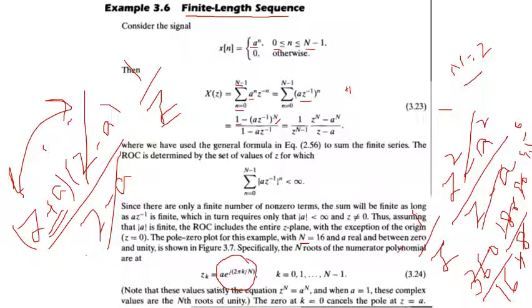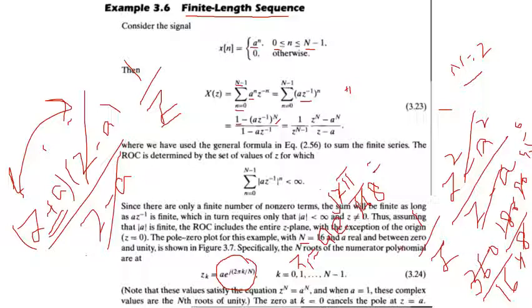For example, when k is equal to 0, the first zero will be on the real axis, because if you put k equal to 0, e raised to the power 0 is 1. For k equal to 1, the zero will be at a e raised to the power j 2 pi divided by 16, so the zero will be at pi by 8. Pi by 8 is exactly 22.5.